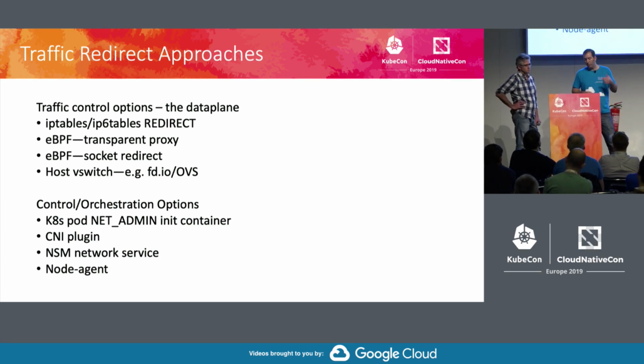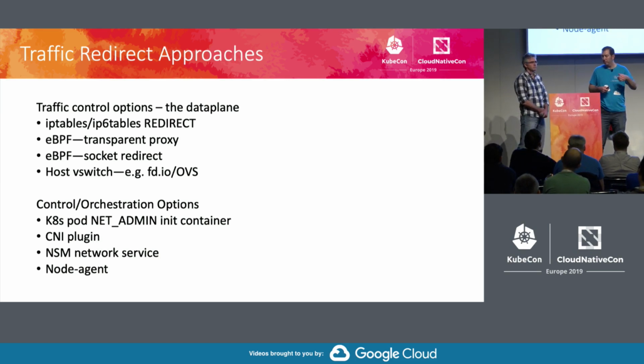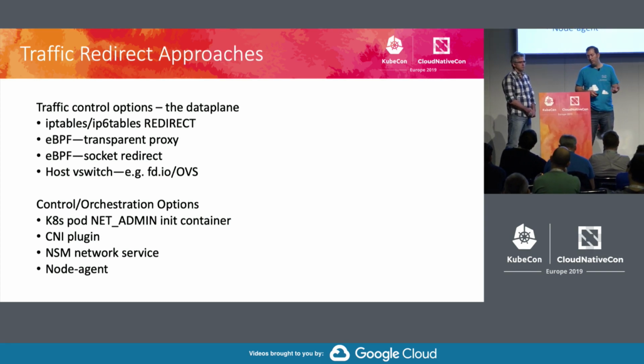And then for orchestrating the configuration of these different approaches, there are actually multiple options. The main one that Istio supports is having an init container with NET_ADMIN permissions that does the iptables setup. We created a CNI plugin that does the same stuff, but in the CNI layer.